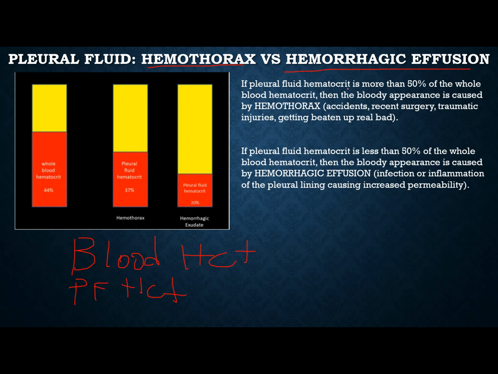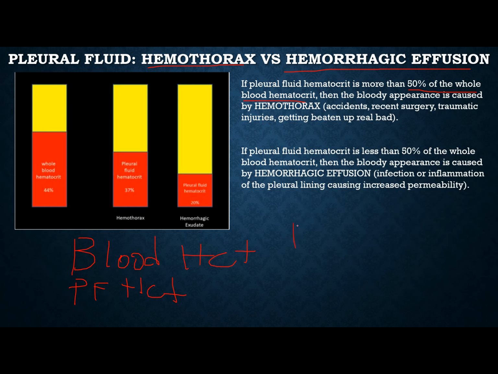So, if the pleural fluid hematocrit class is more than 50% of the whole blood hematocrit, then the bloody appearance is caused by hemothorax.